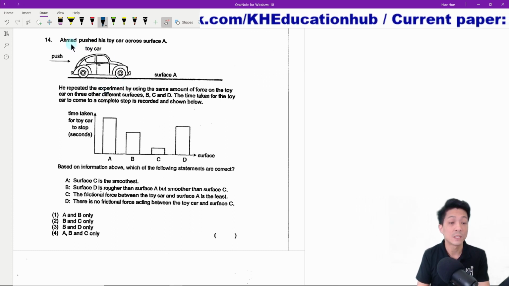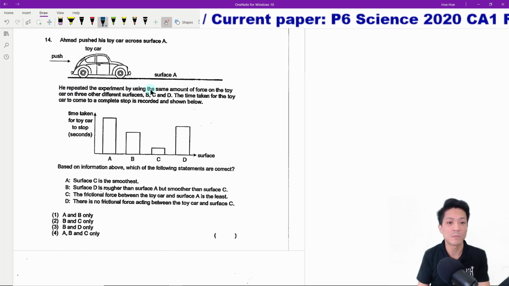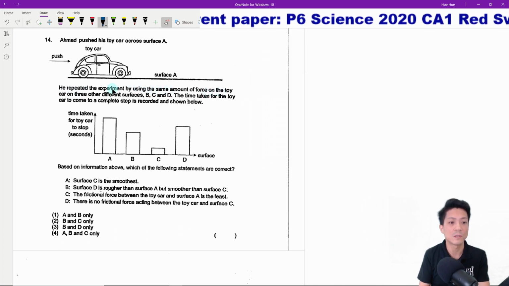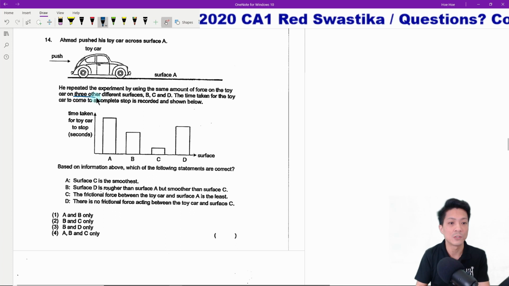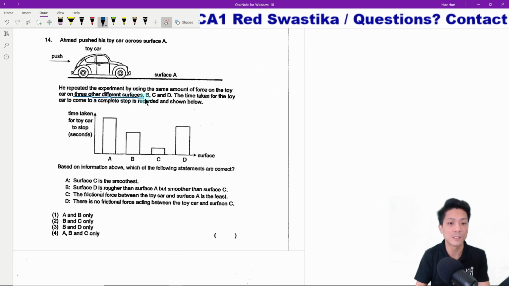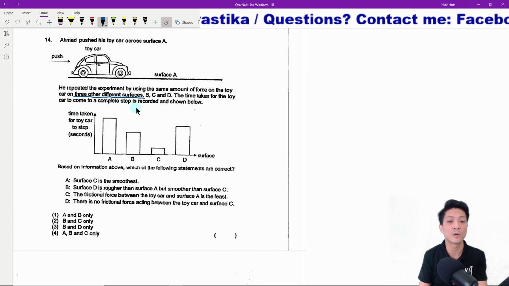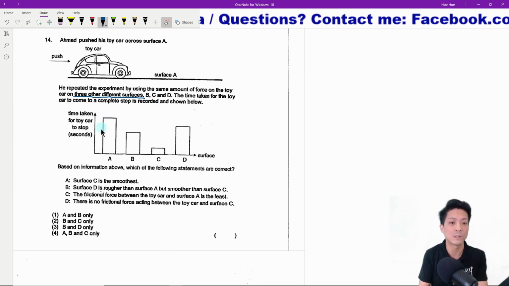Question 14. Ahmad pushed his toy car across surface A. So the toy car is pushed across surface A. He repeated the experiment by using the same amount of force on the toy car on 3 different surfaces, B, C, and D. The time taken for the toy car to come to a complete stop is recorded and shown below.